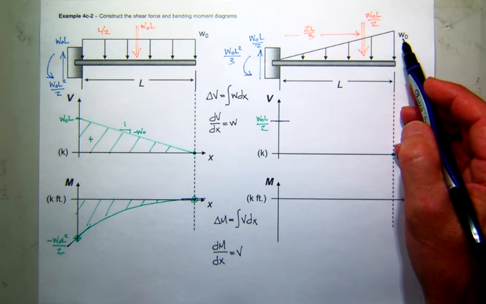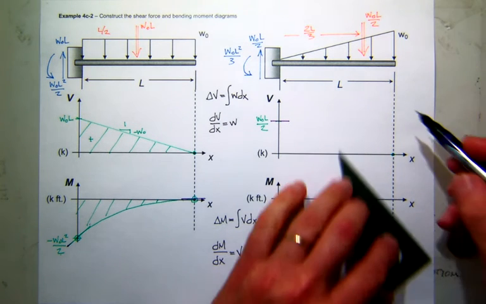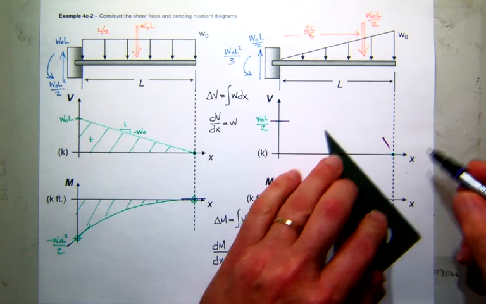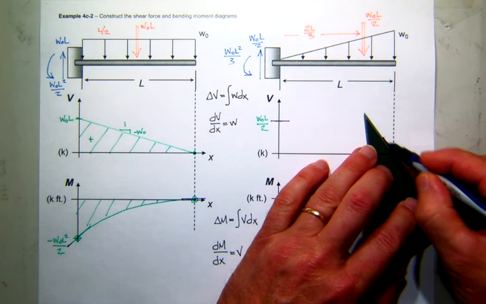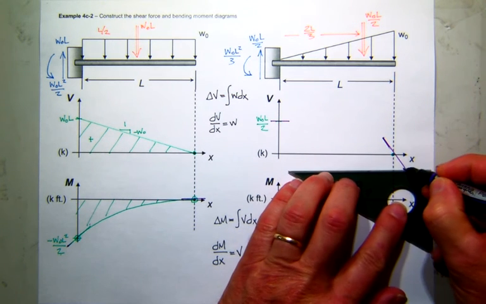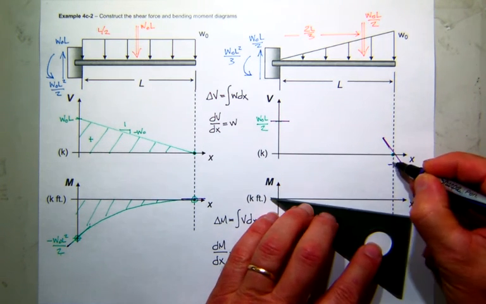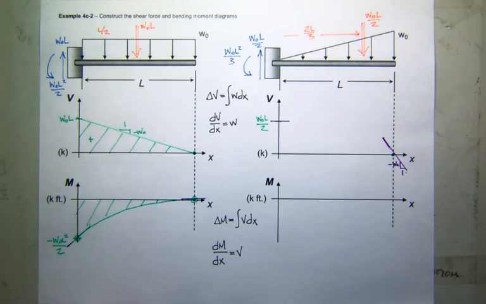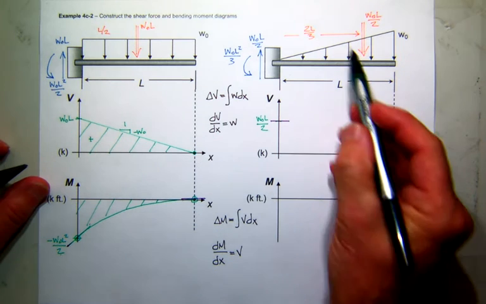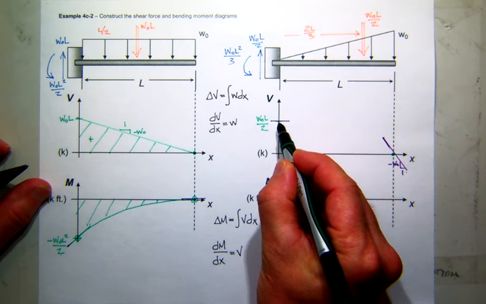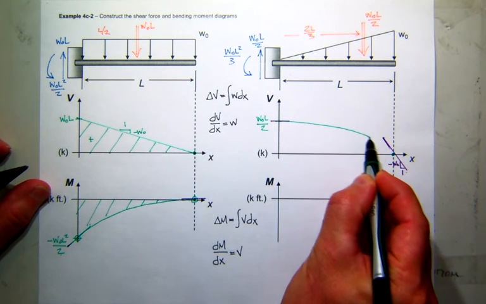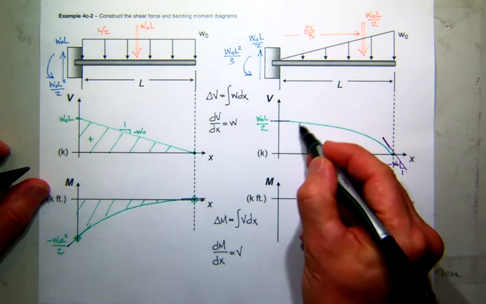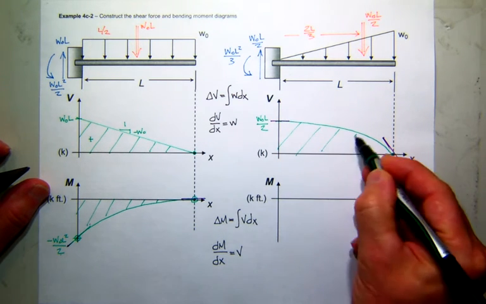Positive. Down is negative. So this slope over here, if you actually looked at it, would be minus W naught to 1. And all I have to do is draw up, this is linear, so this is going to be parabolic or quadratic. I just need to draw a curve that kind of fits into that. And there's the variation of my shear force.